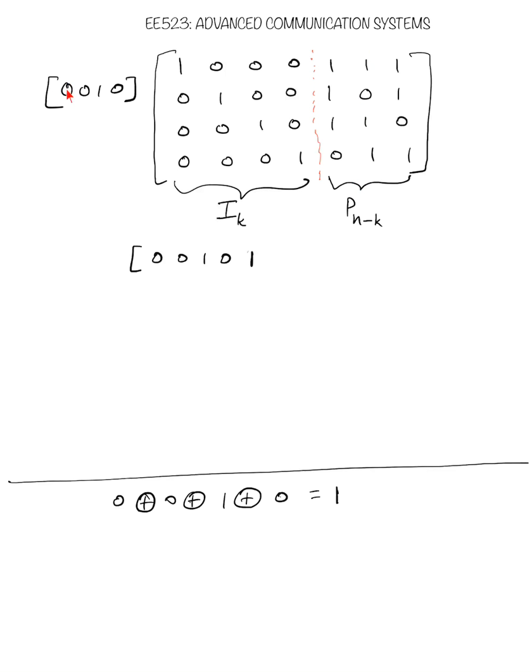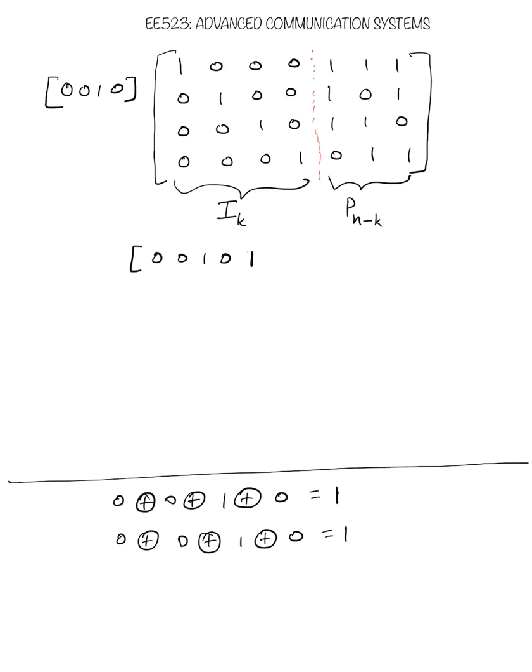So 0 into 1, which is 0, plus 0 into 0 is also 0, plus 1 into 1 is 1, plus 0 into 1 is 0.